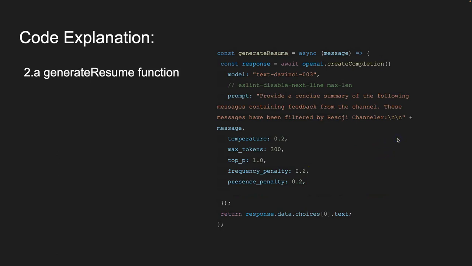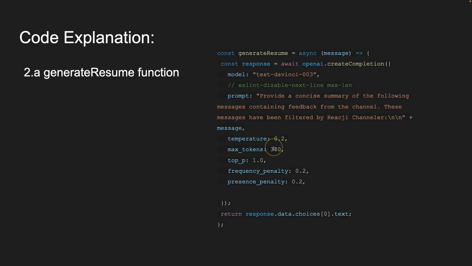Also, we have a generateResume function. This function basically works with the model text-davinci-003. We input the prompt to provide a concise summary of the concatenated messages.